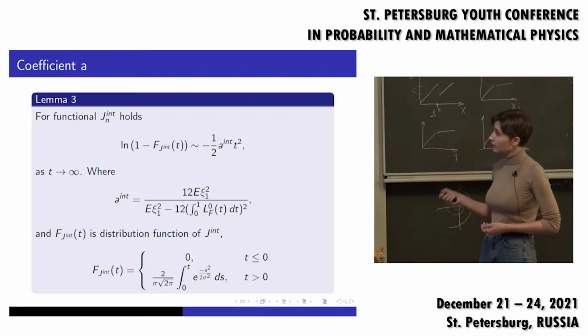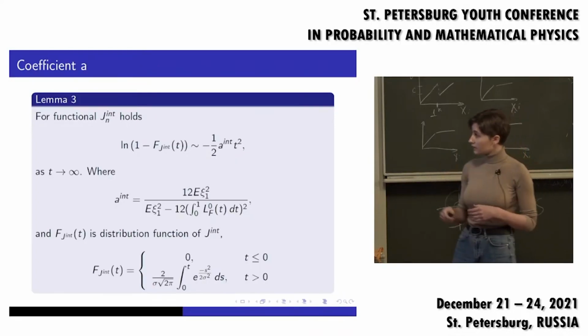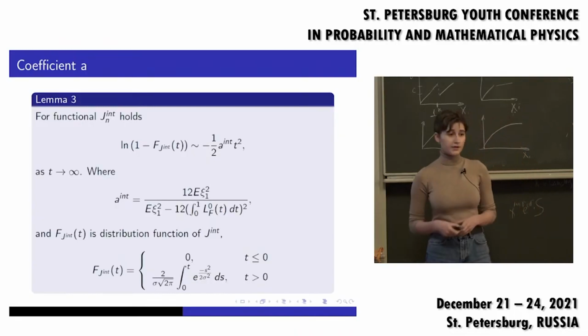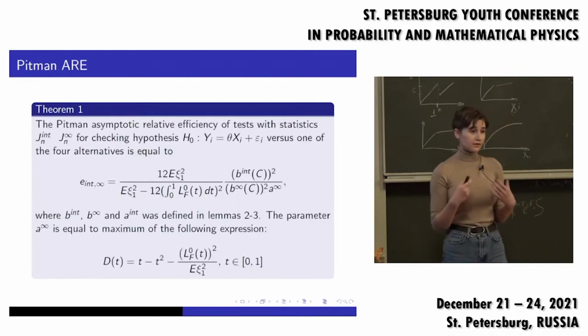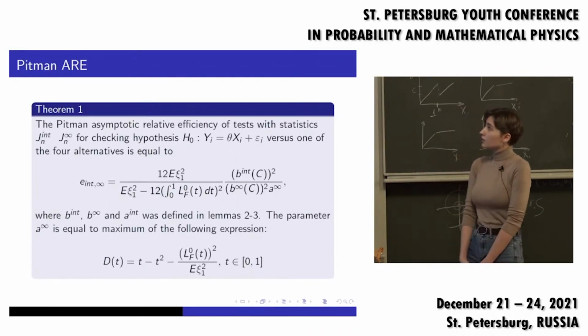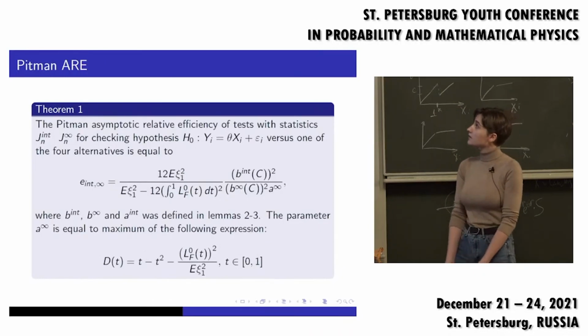And fj int is the distribution function of j int, and as you can see, it's just the distribution function of the modulus of a normal random variable.